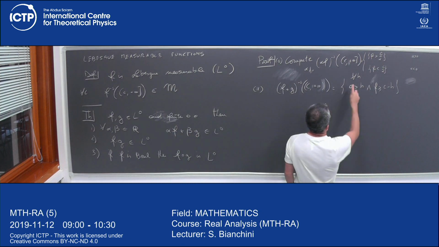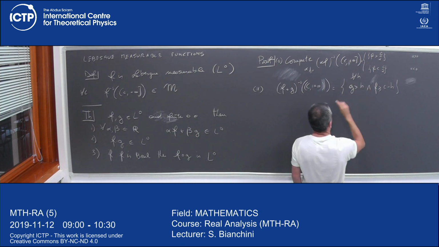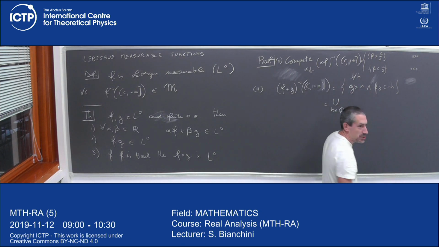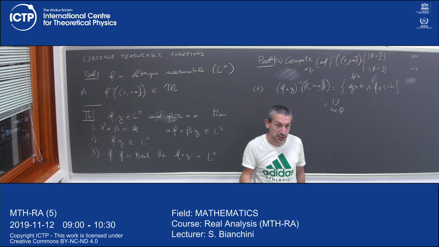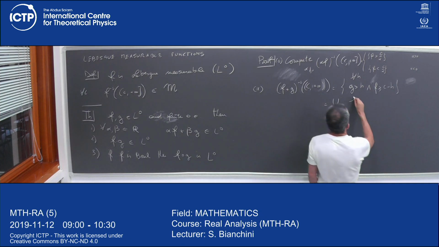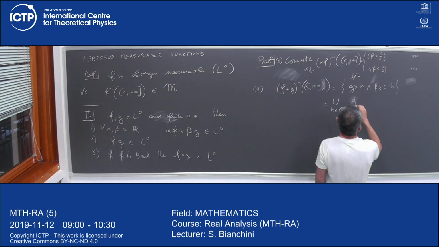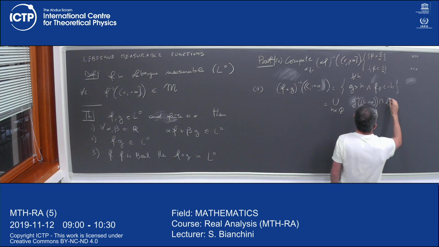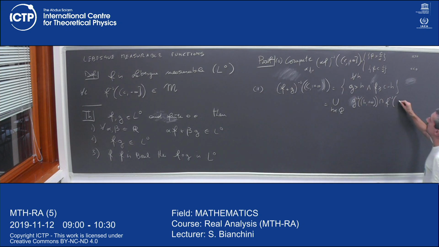So for all h becomes the union over h in Q, and the wedge becomes the intersection. So it's g to the minus 1 of (h, plus infinity), intersection f to the minus 1 of (c minus h, plus infinity).